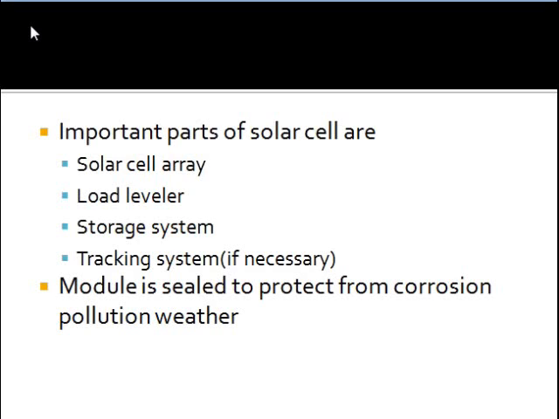If we have to extract more energy, we need to face the solar panels exactly normal to the solar radiations. So the solar tracking system will always keep track of the solar radiations so that we will get the maximum power output. The whole solar module is sealed with a protective layer, and that protection is to save the device from corrosion, pollution and other weather problems.